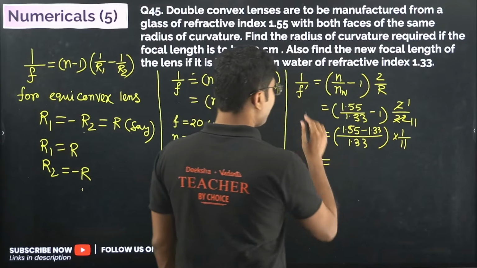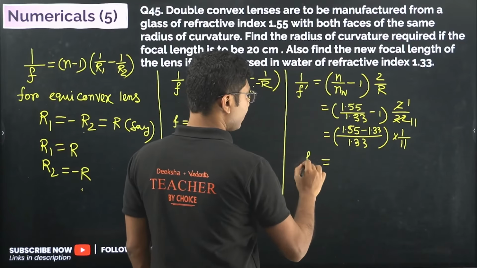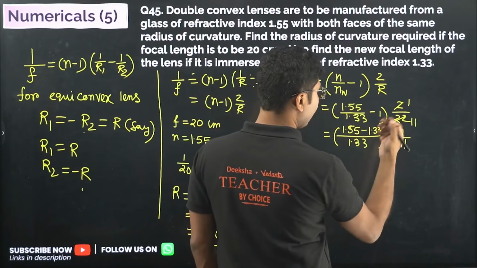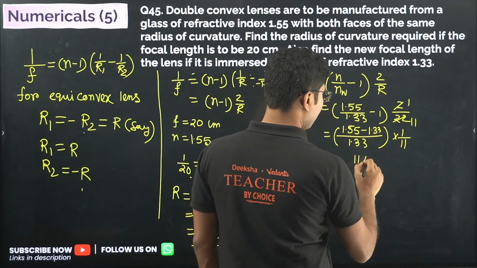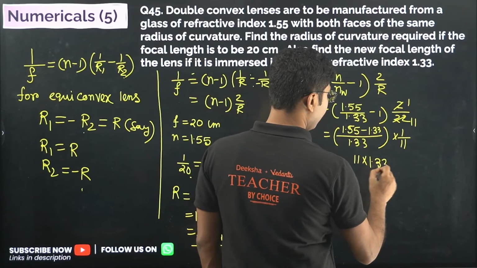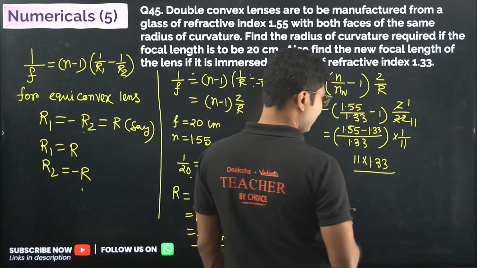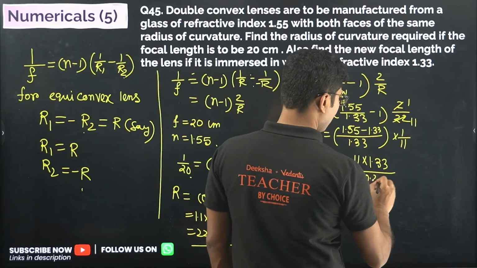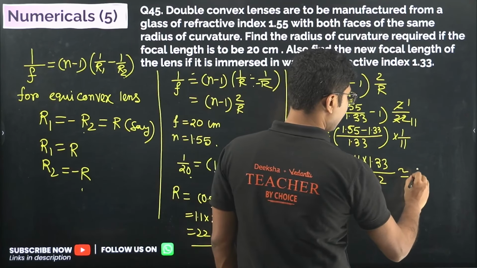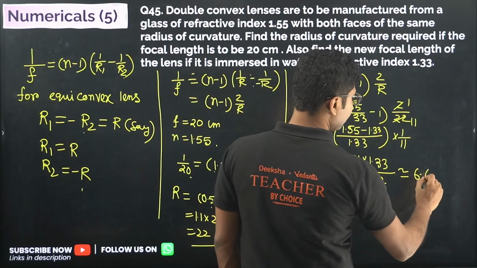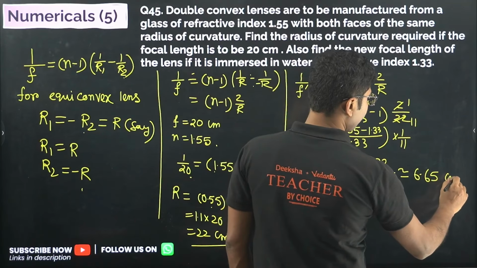Now you are trying to find f dash, so you have to take the reciprocal, so 11 will go up. So 11 into 1.33 divided by (1.55 minus 1.33), that is 0.22. If you simplify it, you will get 6.65 centimeter.